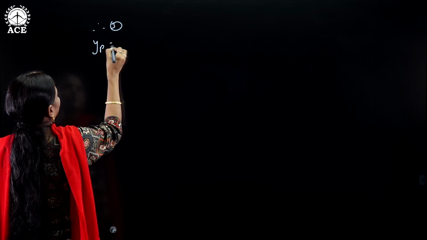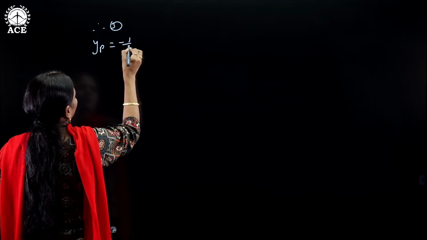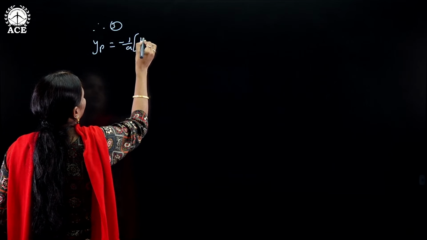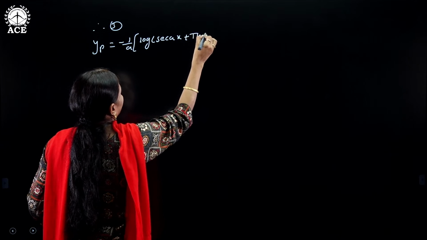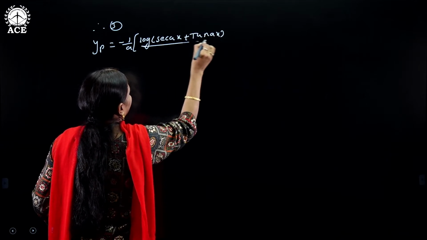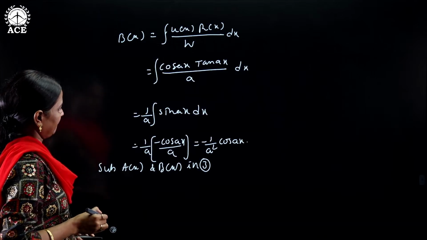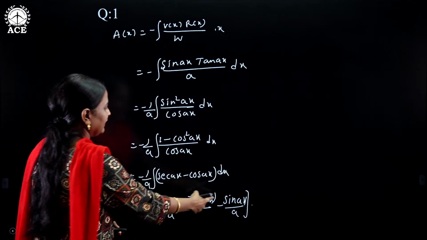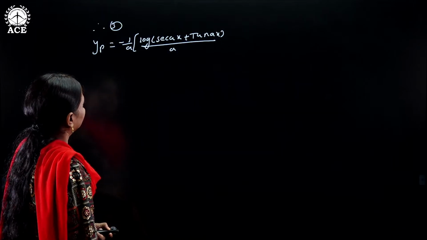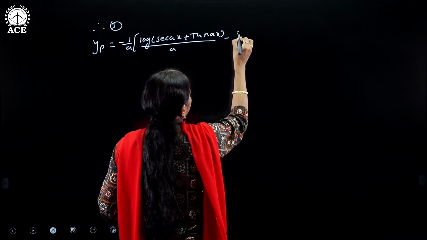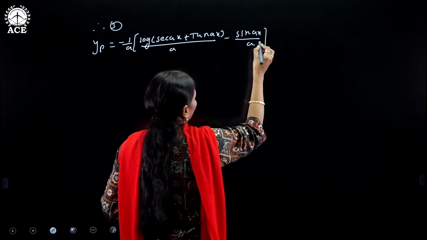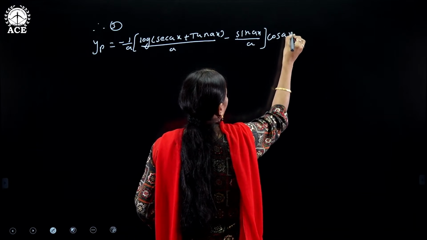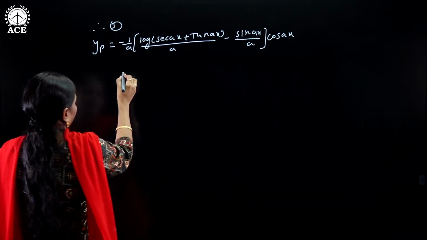So therefore, equation 3 becomes, meaning the complete particular integral, A of x is equal to minus 1 by a into log of secant ax plus tan ax by a, minus sin ax by a, into u of x. u of x is nothing but cos ax, plus B of x.